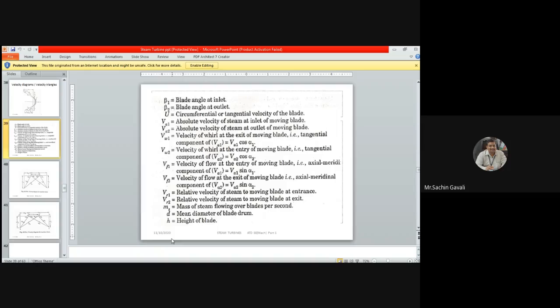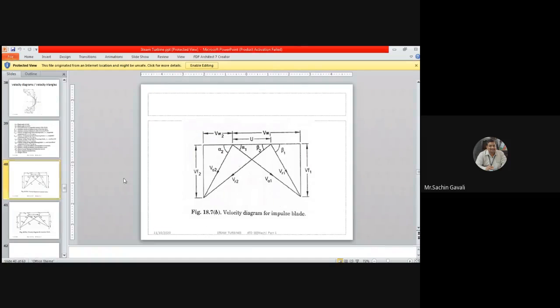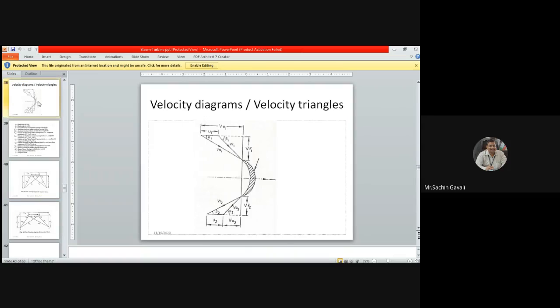So now we have to use the common diagram. We know the U velocity is going to be common at inlet and outlet. U1 and U2 are both the same because the blade is moving with only one velocity. But the steam velocity components at the inlet side are different, and at the outlet are different.